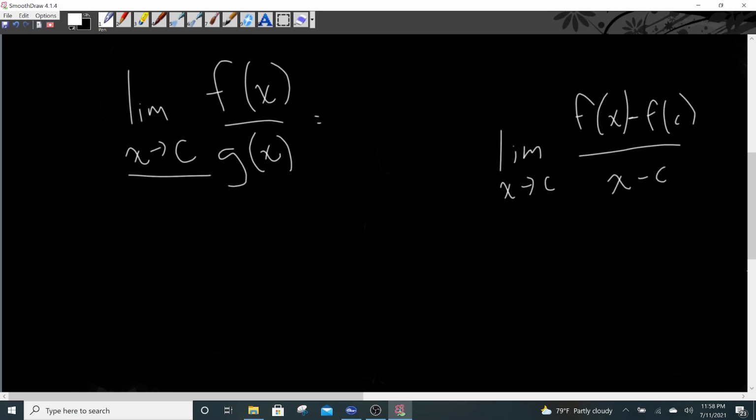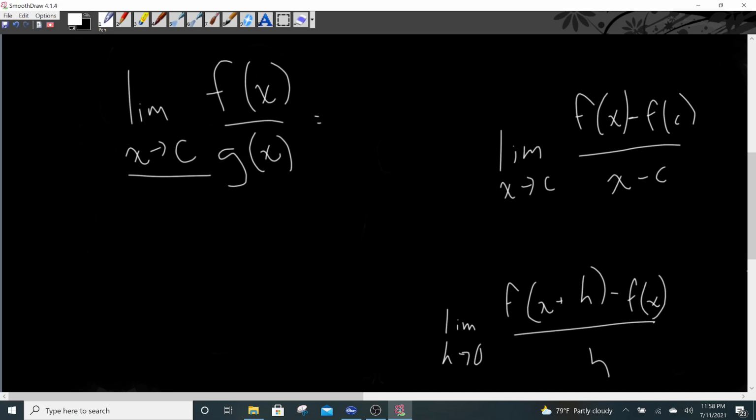And if you want to see how that eventually becomes the formal definition of a derivative, which I wrote as the limit as h approaches 0 of f of x plus h minus f of x all over h, then you might want to look at my other video.